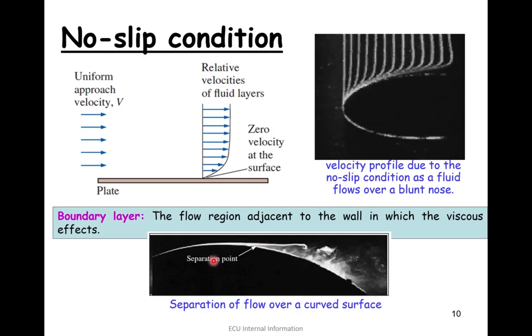Sometimes it happens that if we have a curved surface like this, like a blunt body, and the flow comes this way, the boundary layer forms up to here, then suddenly from here the flow is separated. For example, consider a cube structure like a building.